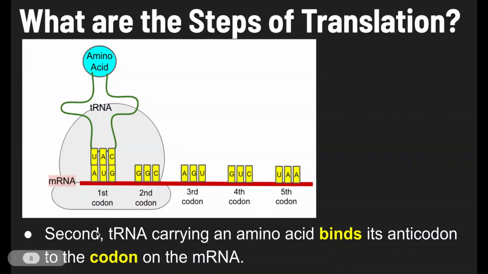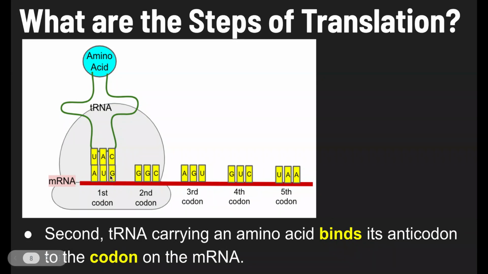Now, the second step of translation: a tRNA that's carrying an amino acid binds its anticodon. Remember those 3 letters at the bottom of it. It's going to bind its anticodon to the codon on the mRNA. So the mRNA, every 3 letters on the mRNA is considered a codon.